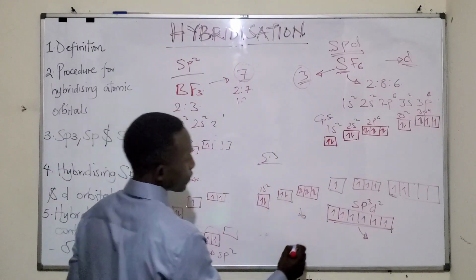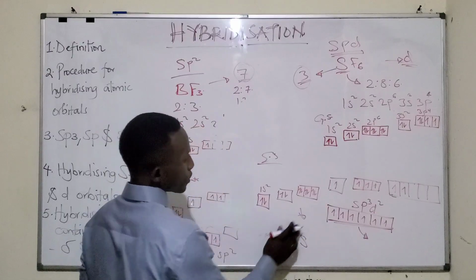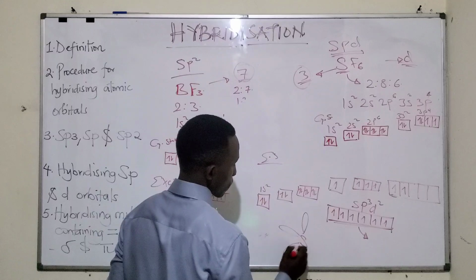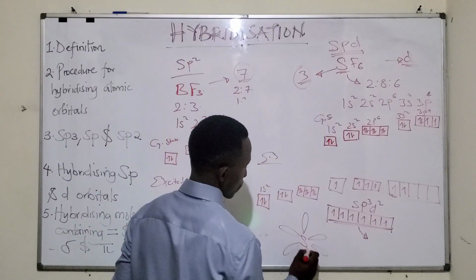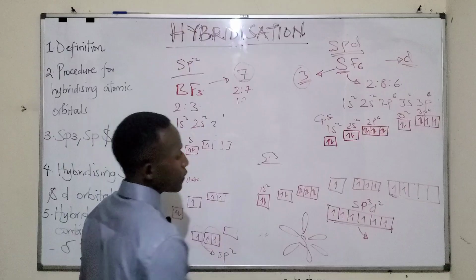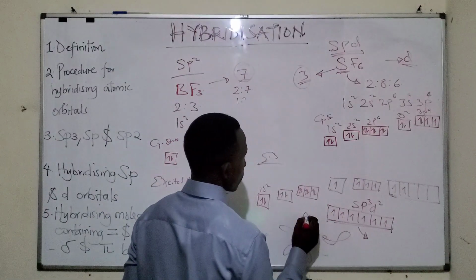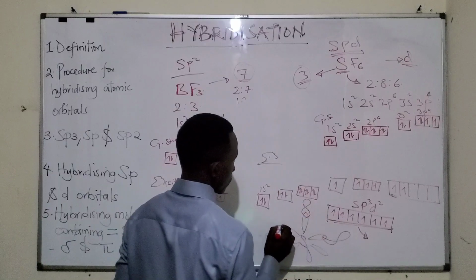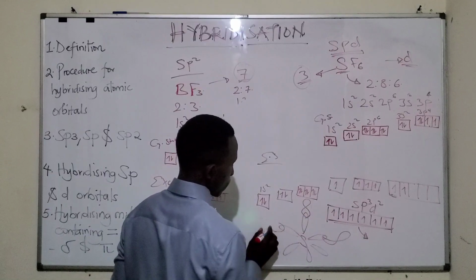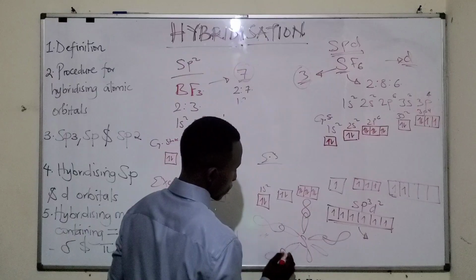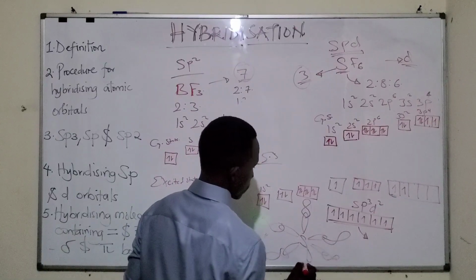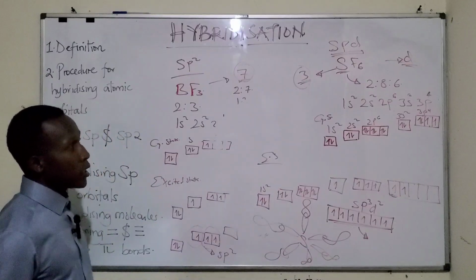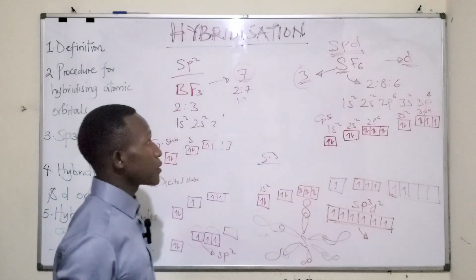Now we shall have S with the 6, then fluorine forms bonds. So that will be the hybridization of the sp3d2. That's an example.